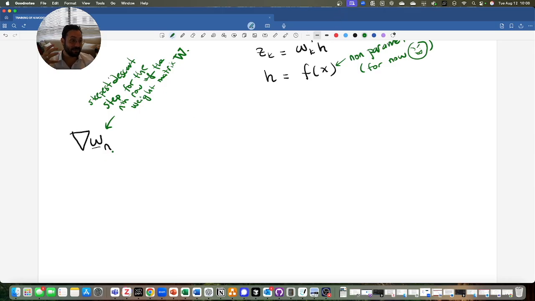And n can be 1, 2, 3, 4, 5, all the way to k, and we could have written 1 or 2, but let it stay n.